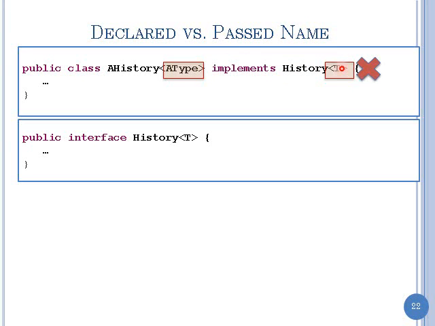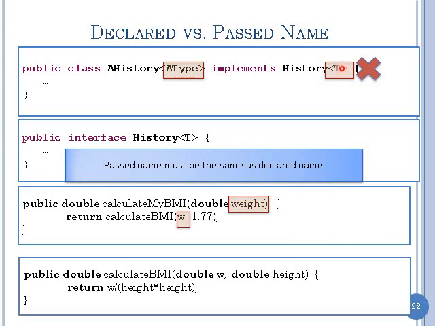That is similar to my going and saying calculate my BMI, my formal parameter is weight, and I go and say calculate BMI W, and it says W is not declared. What W do you mean? Even though there is W here, it doesn't know that these are the same values. It doesn't even know what value to put here. So that's important.